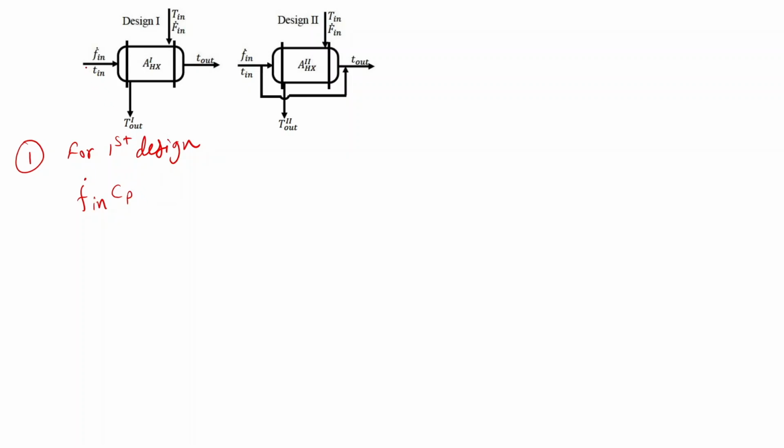So let us consider this as tube side and this one as shell side. Corresponding to that, we can write this for the tube side fluid as Cpt, and the temperature difference is T out minus T in. Similarly, for the shell side fluid, I can write it as T out given as well.